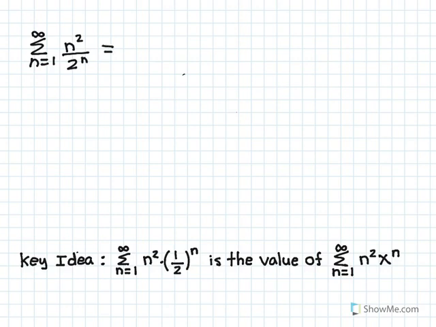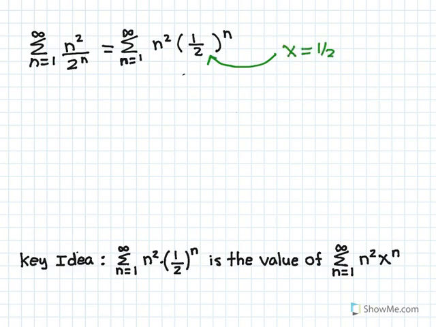as the summation n equals 1 to infinity of n squared times 1/2 to the power of n. So you can see that the value of x that's getting plugged into the power series is x equals 1/2.